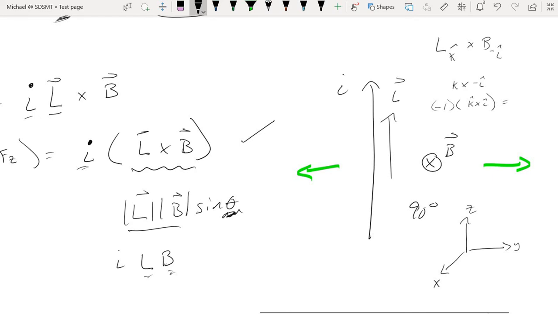And I am not going to go back up to the top of the page where we had all of our cross product combinations, because at this point we should be able to tell if we're going with or against the alphabet here. k cross i. So does i come after k in the alphabet song?